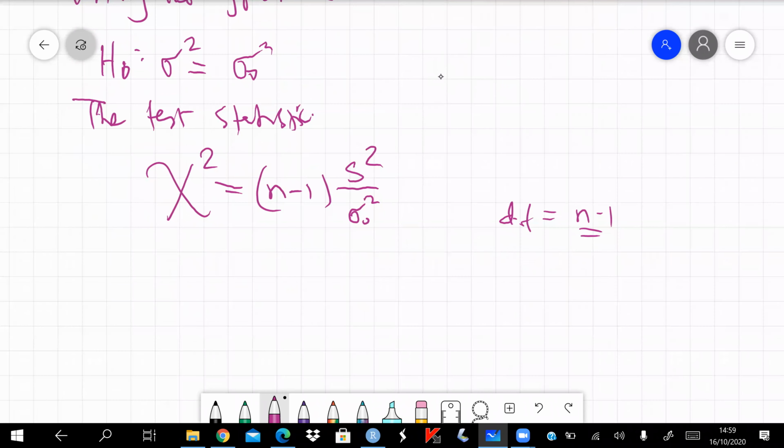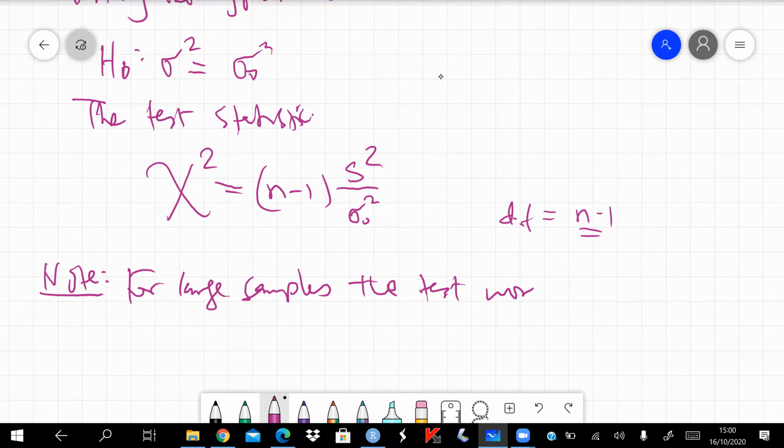Then we note that for large samples, and this is anchored on the central limit theorem, the test works well even if the population is not normally distributed.